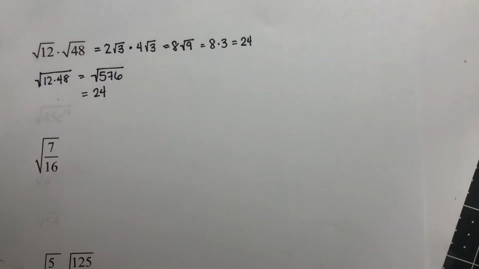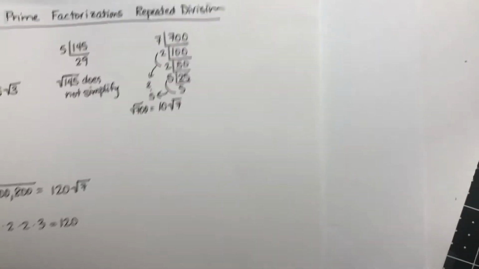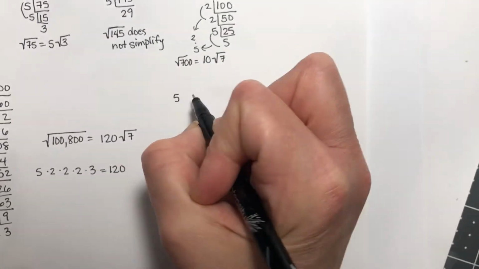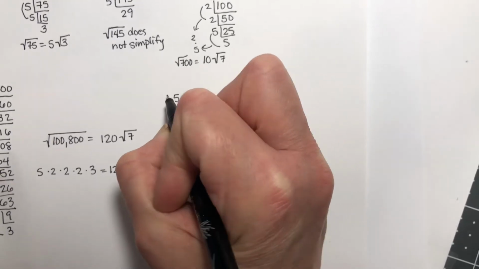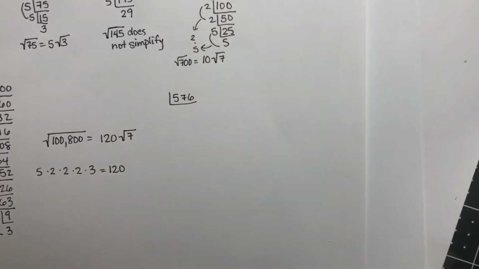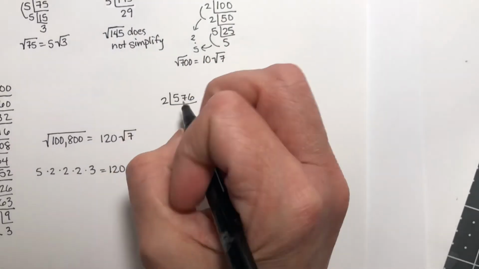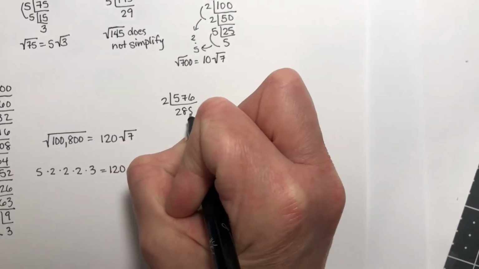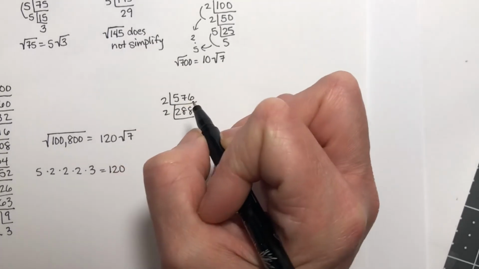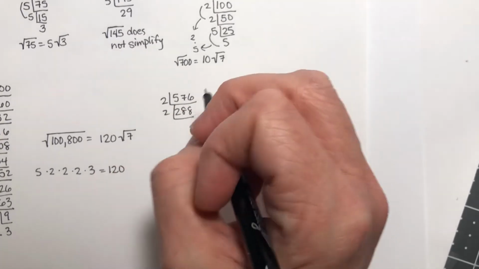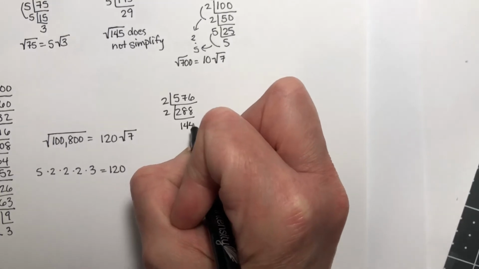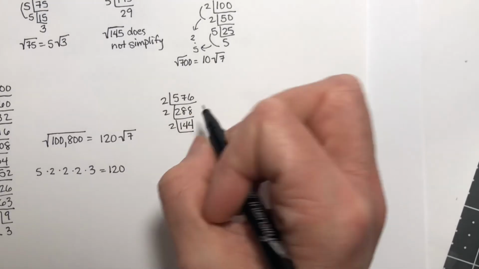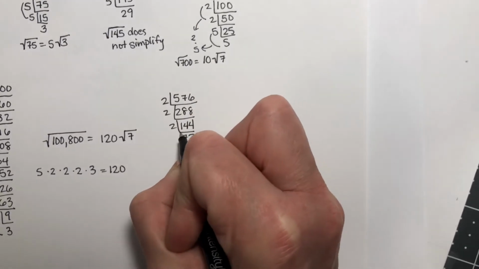If you wanted to do the prime factorization of 576, it is divisible by 2 because it's even, and you get 288. Divide by 2 again, because it's even, you get 144. Divide by 2 again, 72.